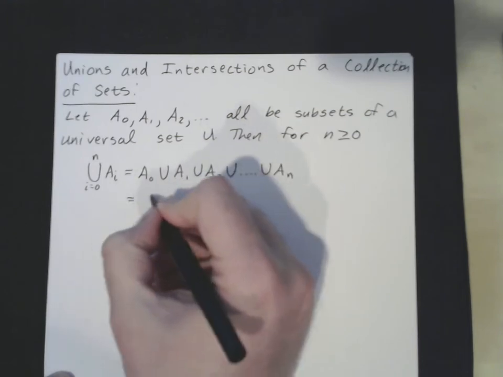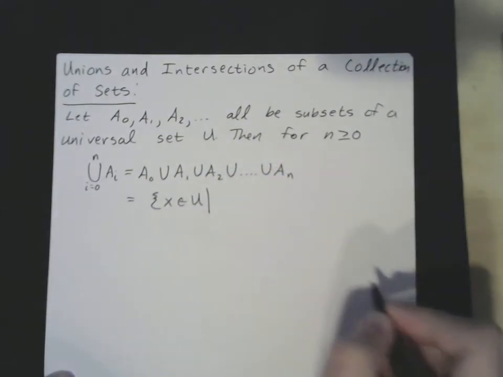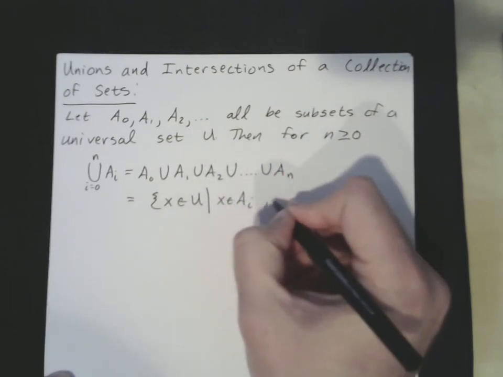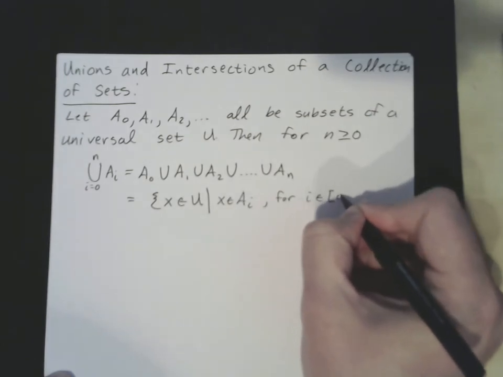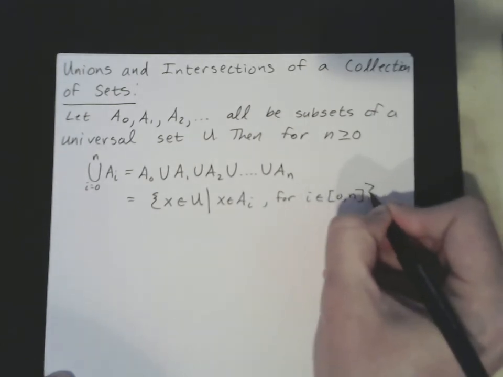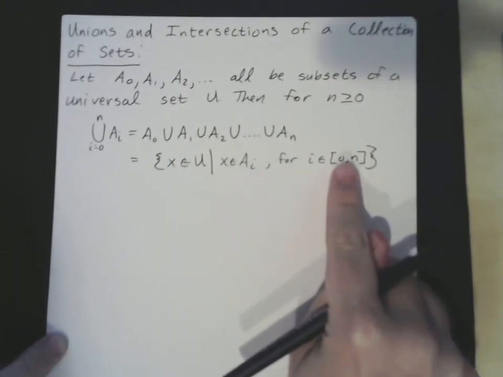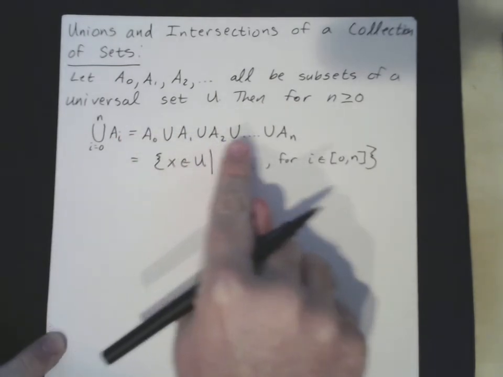And so this is nothing more than the set of x's out of our universal, such that x is in A sub I for I coming out of 0 to n. So I is our index. So our index comes from either 0 all the way up to n. It can come from any of these sets here.